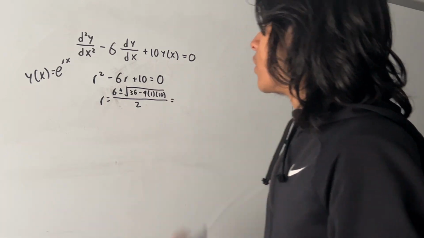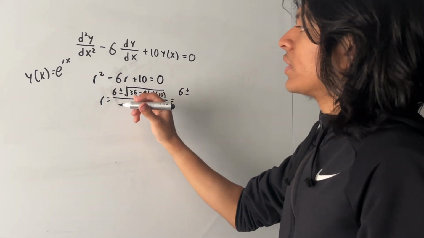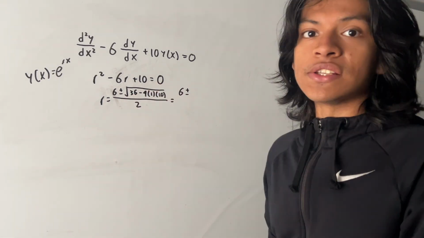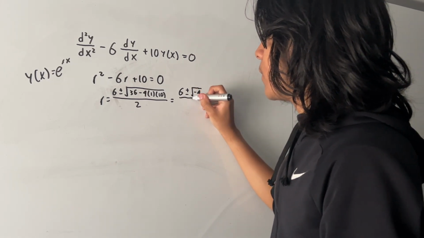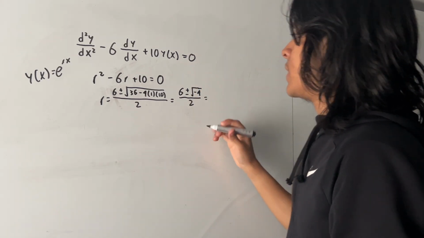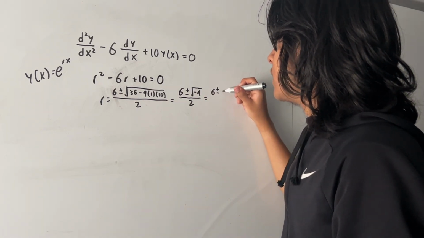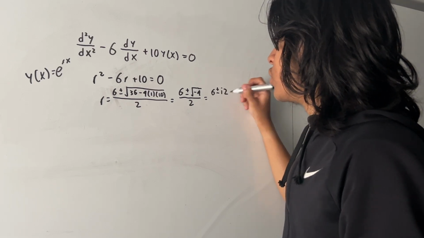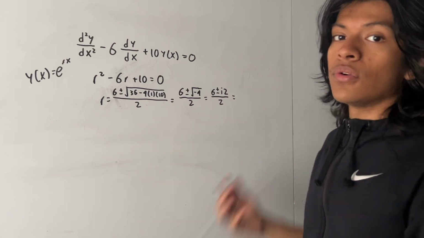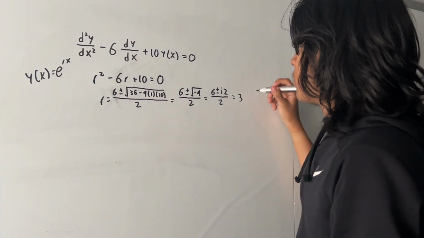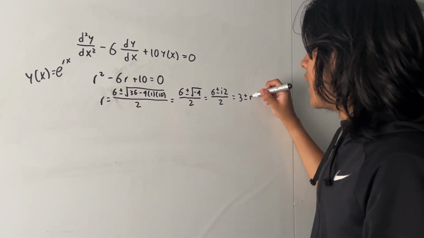Further solving for r, we get 6 plus or minus the square root of 36 minus 40, so the square root of negative 4, over 2. This negative 4 gives us 6 plus or minus 2i all over 2. And for r, ultimately we get 3 plus or minus i.